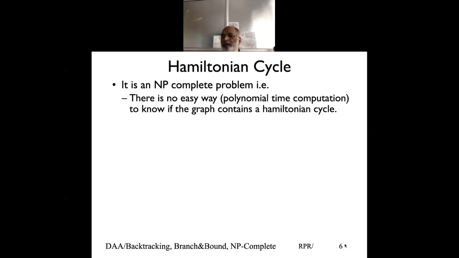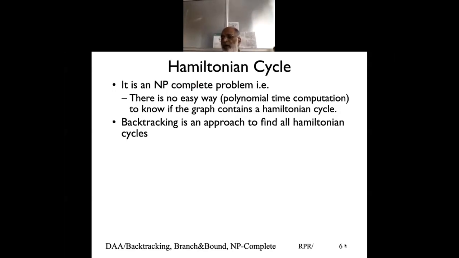Primarily, the Hamiltonian cycle problem is what we call non-deterministic polynomial complete, which basically means there is no algorithm available which, following deterministic steps, do this, do this, do this, where every step is determined, can solve it in polynomial time.